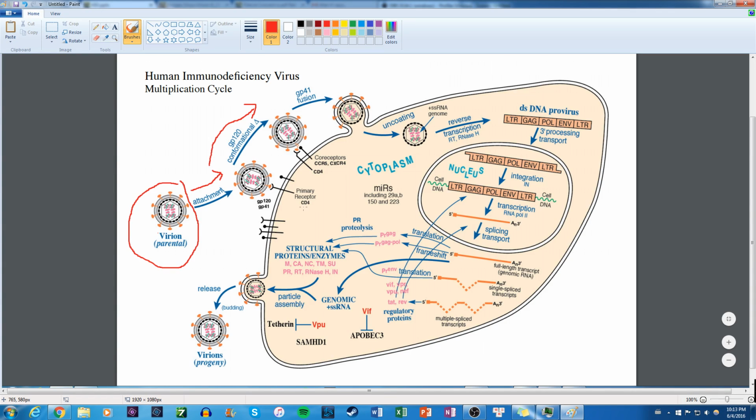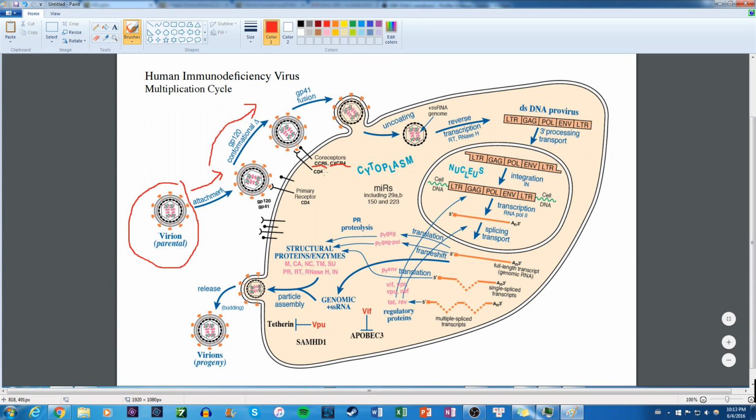They attach to the T cells, usually of mammals, from what I understand. These things only infect mammals, and they infect CD4, and they don't just attach to CD4. They also attach to a co-receptor.